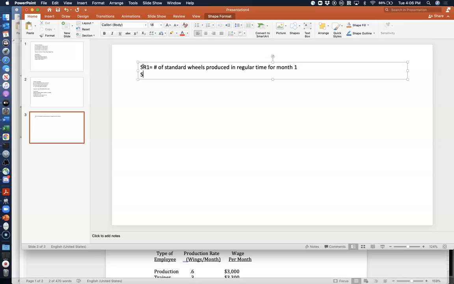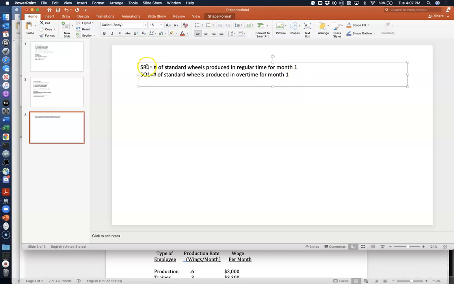Similarly, I'm going to have SO1, the number of standard wheels produced in overtime, not regular time, for month 1.